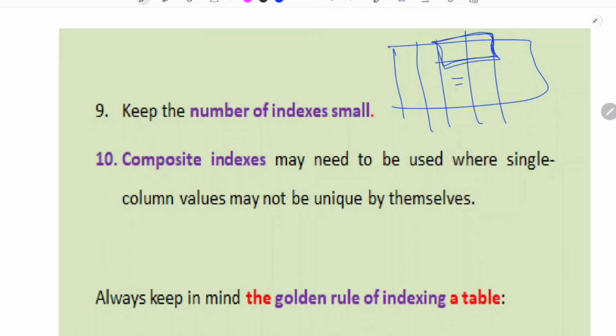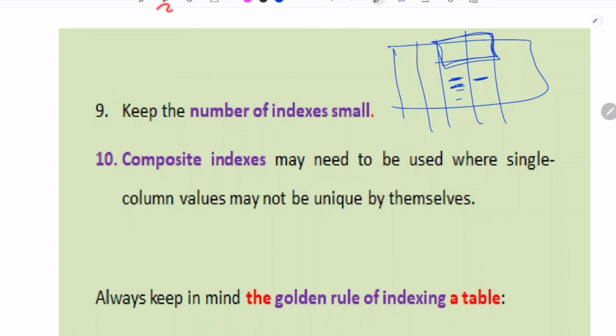So if this row and this row have the same value in the first column, then it will check the second column. Such an index, where the index is created on more than one column.